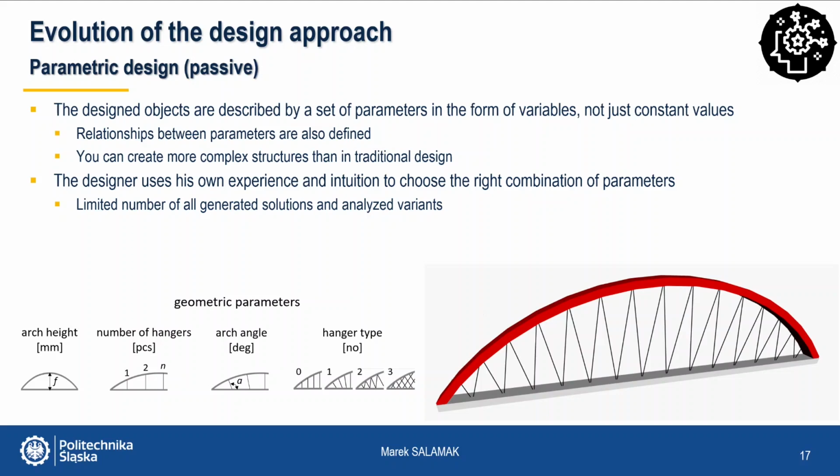I call it parametric design, and I showed four selected parameters of the arch girder we can see here. However, we are still dealing with a passive approach in which the designer, using his own experience and intuition, selects a combination of parameters that suits him. Both the number of all generated solutions and the variance that can be analyzed are limited.